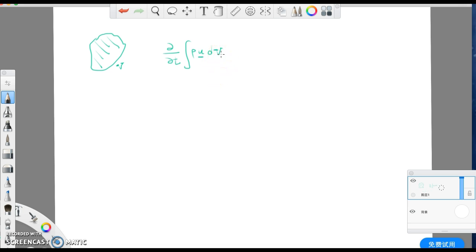So rho u is the momentum density, dV is a volume element, and we integrate over this volume V, which is fixed in space.